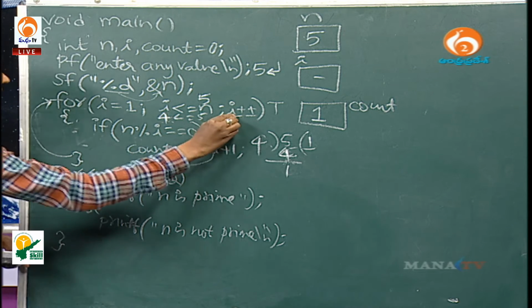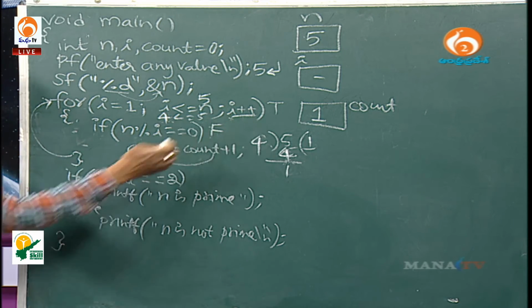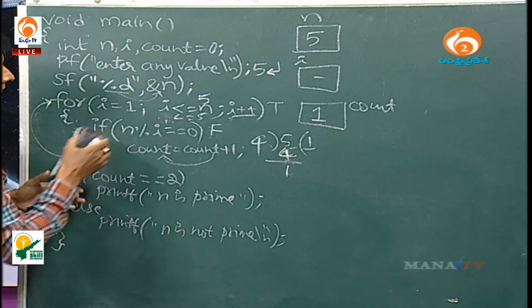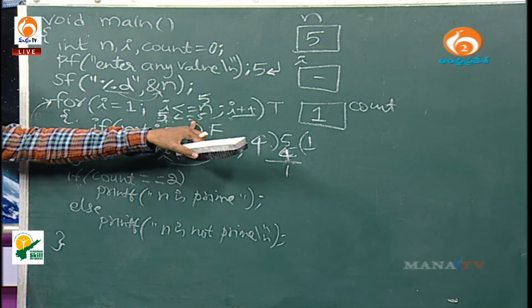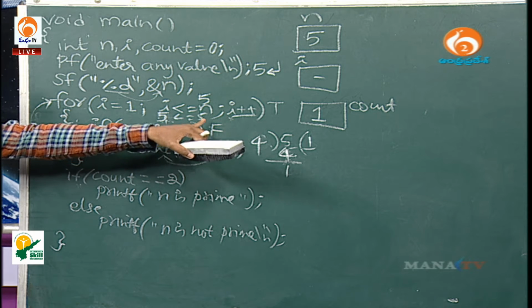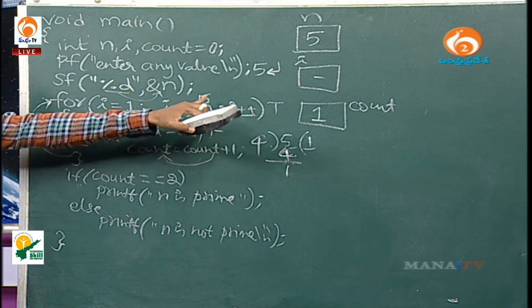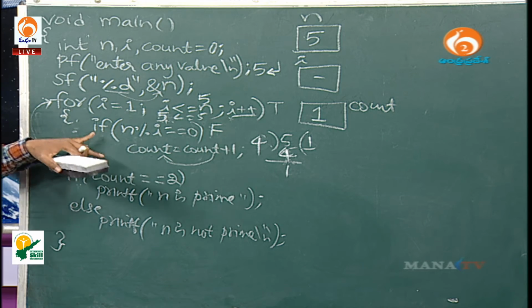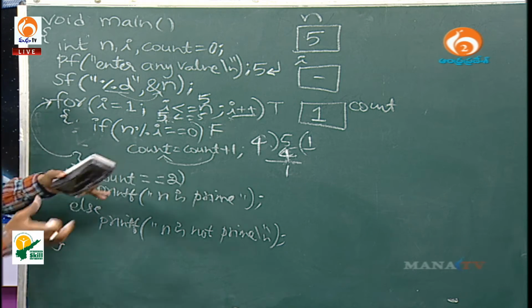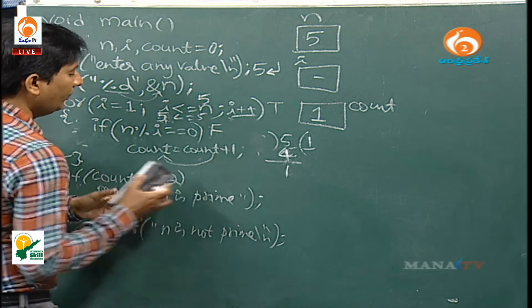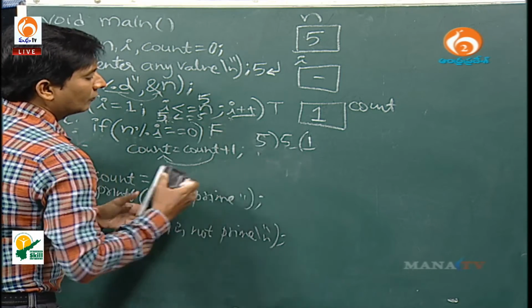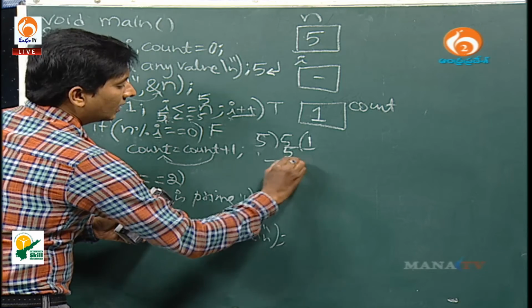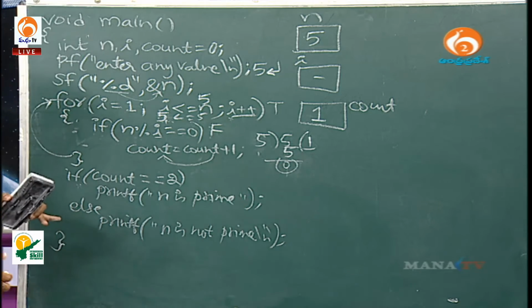i plus plus, i is incremented by 1, that is 5. 5 less than or equal to 5, which is true, the condition becomes true, and control enters the body of the for loop. If n % i, n is 5, i is 5. 5 ones are 5, the remainder is 0, so it is divisible.